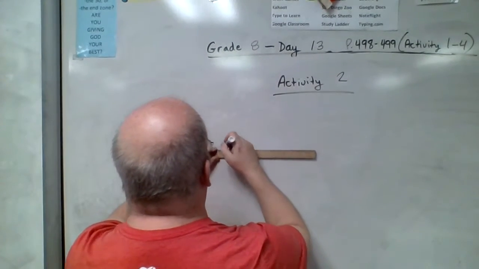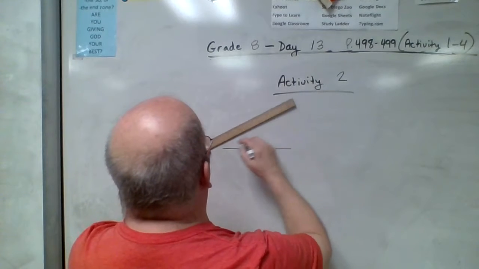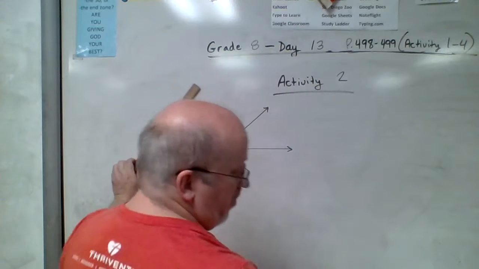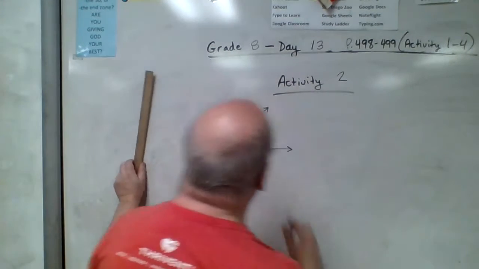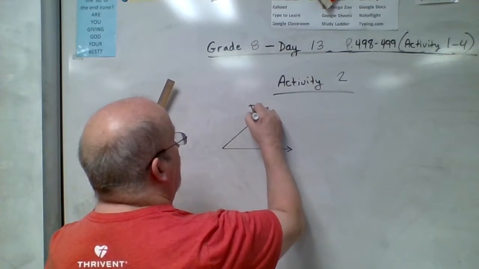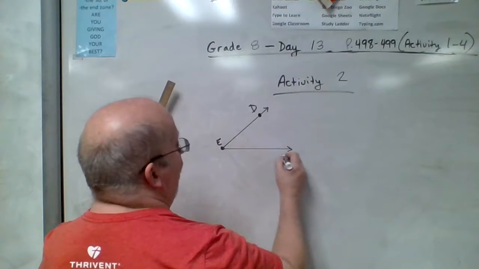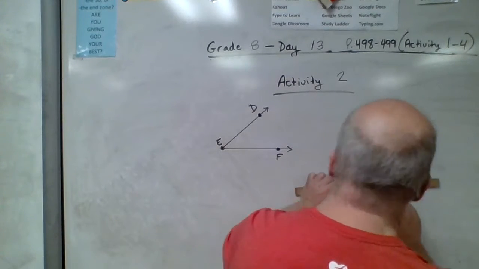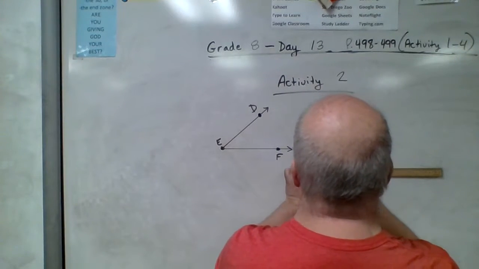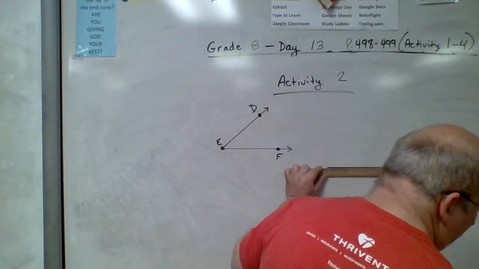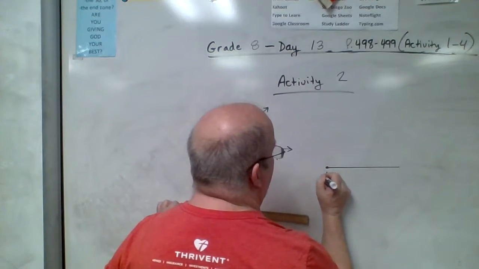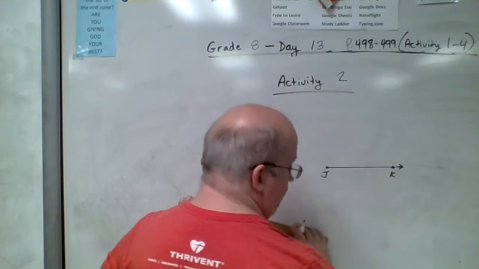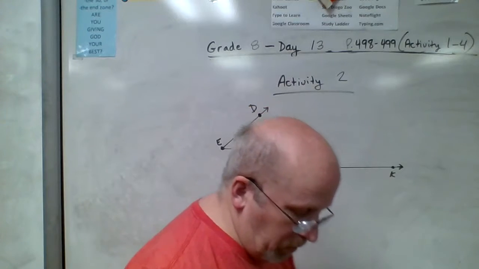If I have an angle such as this, and we're going to call it angle DEF, and your book says create an angle from a ray that they're identifying as ray JK. There it is. Okay, how do we do it?